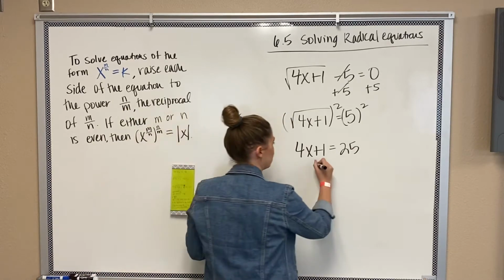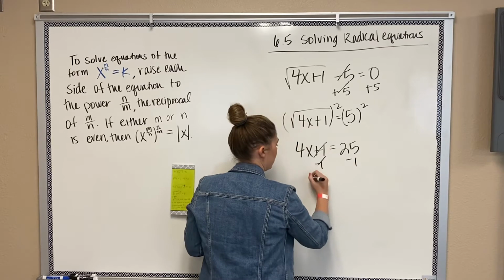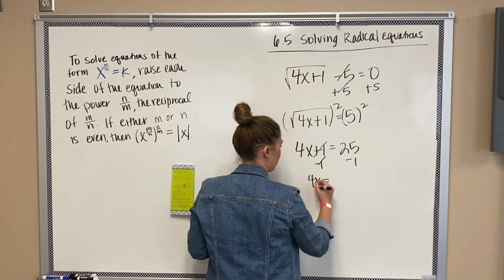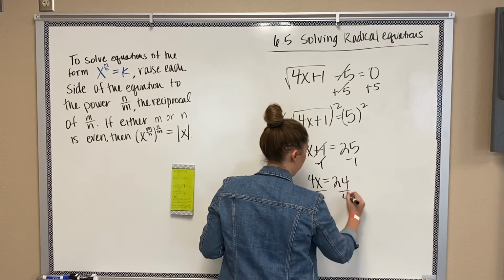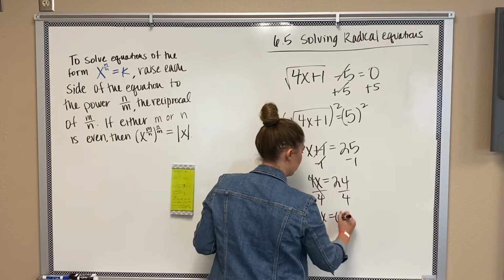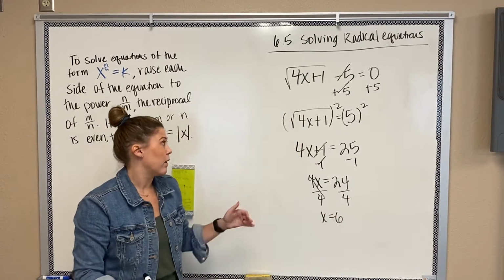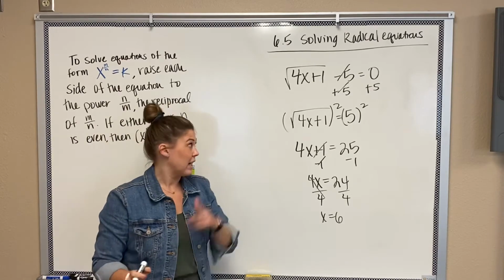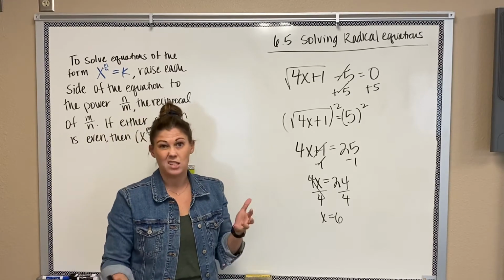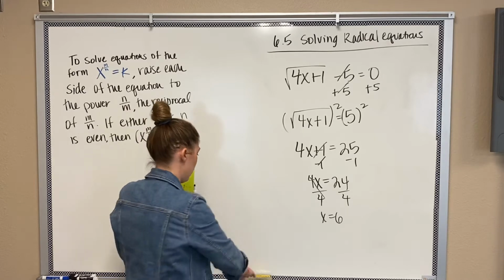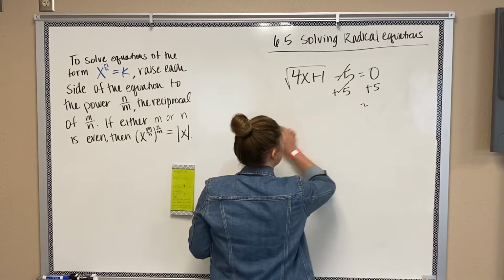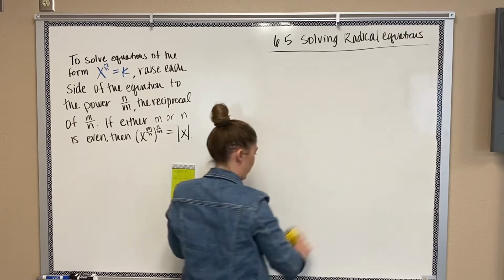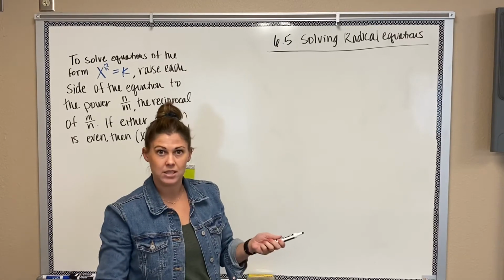We solve for x: subtract 1 from both sides, 4x is equal to 25 minus 1, which is 24. Divide by 4, we get x is equal to 6. Whenever you get these, you can always go back in and plug it in to check your answer. So those are square roots. Super simple: isolate the square root, square both sides, solve for x.